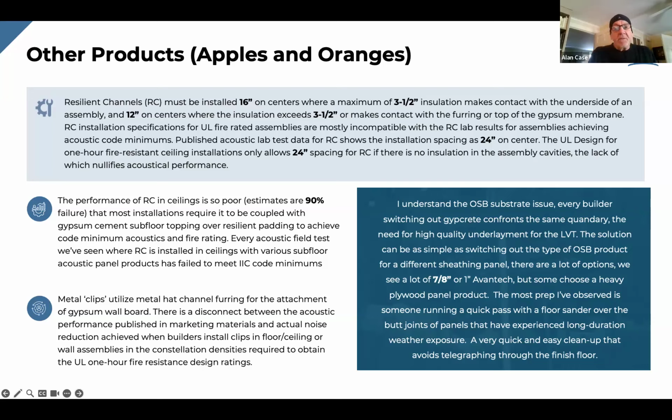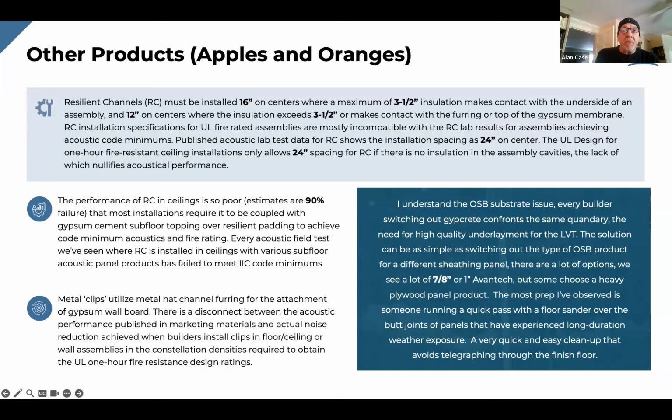Whereas with a HushFrame system, you may have 40 or 50 connectors in the ceiling, with these genie clips and some of this other product, you would have up to 200. And once you've done that, not only have you spent a lot of money and put a lot of metal in that ceiling, no one has published an acoustic assembly test with that constellation of metal in the ceiling. So it's not going to achieve great performance.